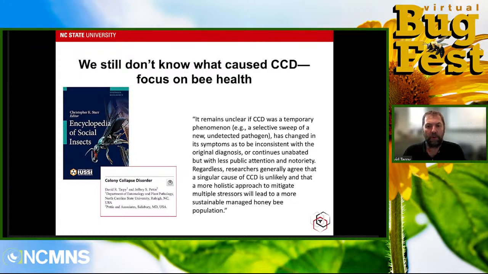We're taking a much more holistic approach and generally agree that colony collapse disorder was multiple stressors interacting with each other in very complex ways that lead to these colony declines. So we need to focus our efforts on those different factors rather than trying to find one silver bullet of colony collapse disorder.